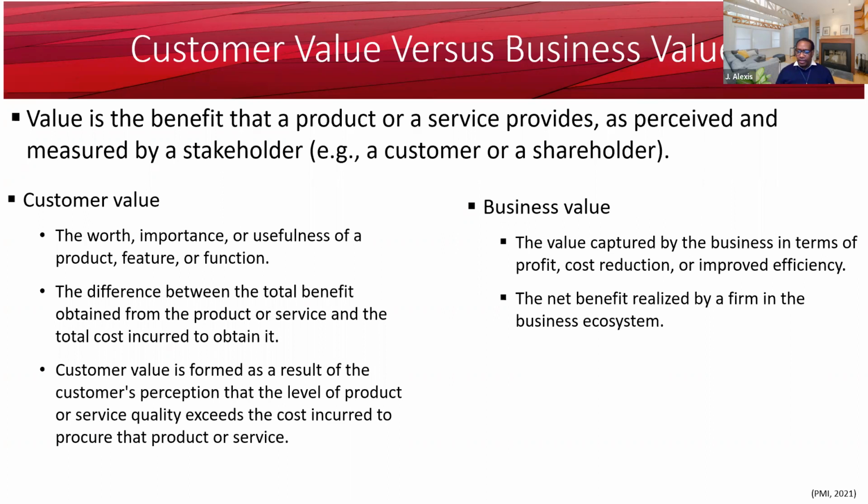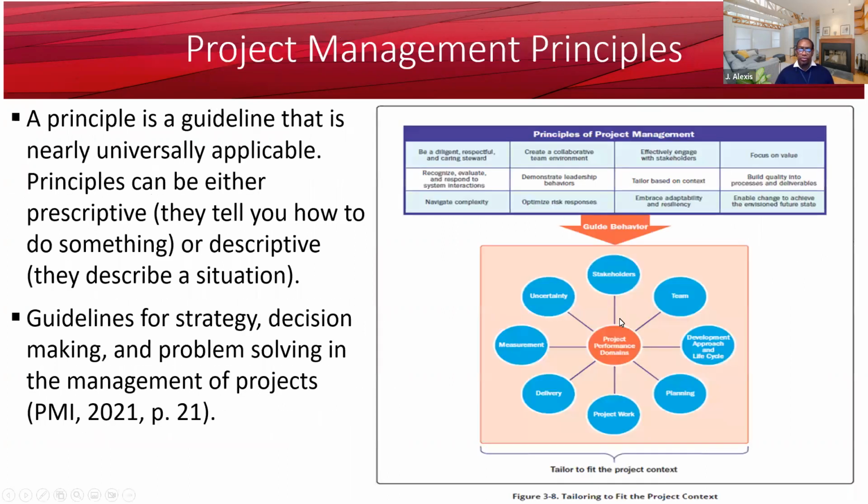Another way to say it is that business value is the net benefit realized by a firm in the business ecosystem. So this is why, when we are talking about benefits that a project will provide to organizations, we need to be specific and measurable.